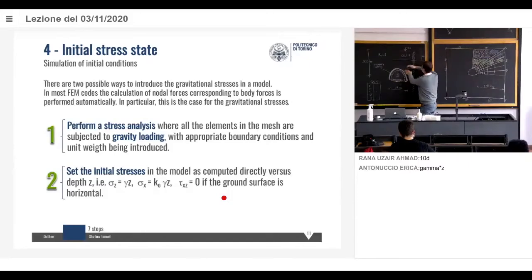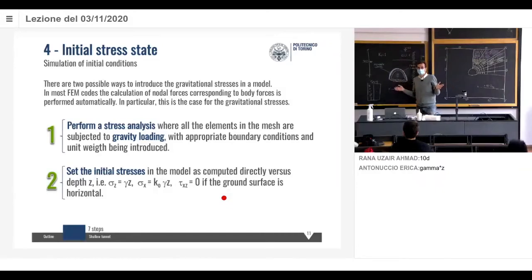In our model we have both of them. So we can make 200 times gamma 1 plus 100 times gamma 2, and we get the vertical stress. Exactly. So we know the stress state.